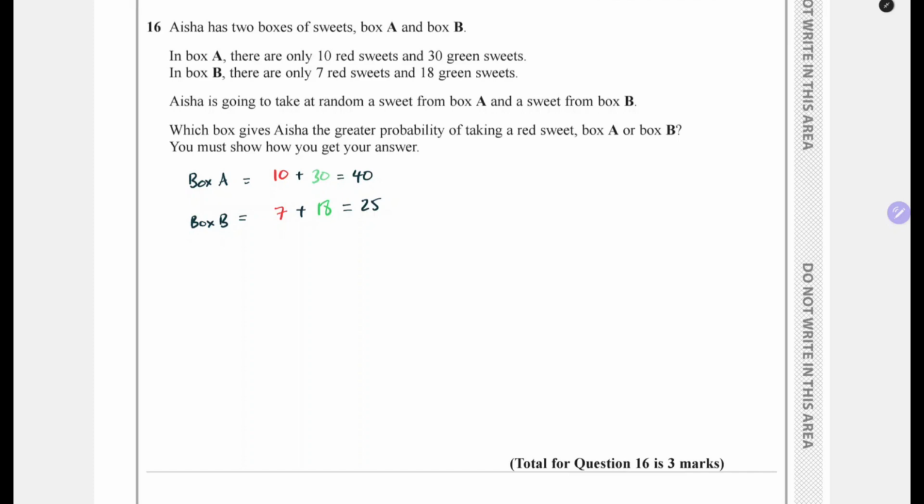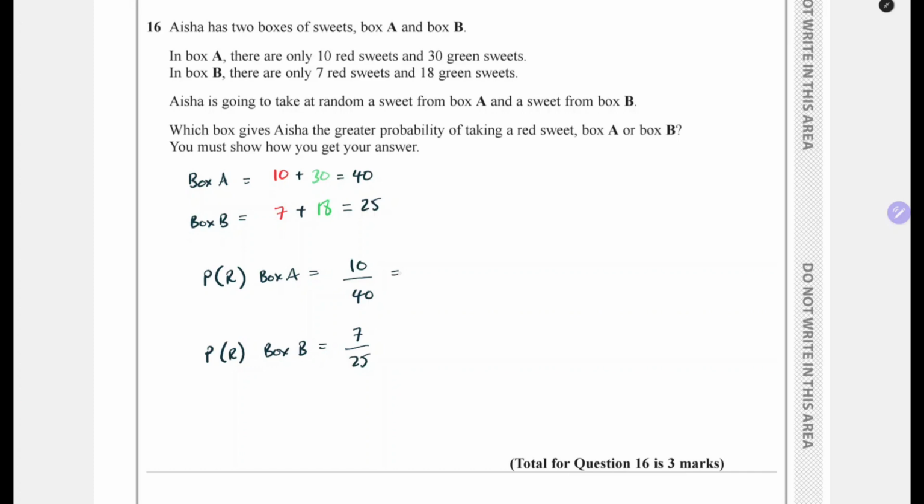So the probability of getting a red sweet for box A is 10/40, and the probability of getting a red sweet in box B is 7/25.